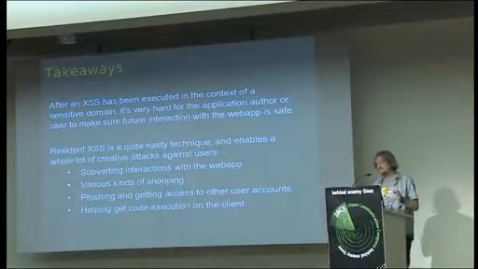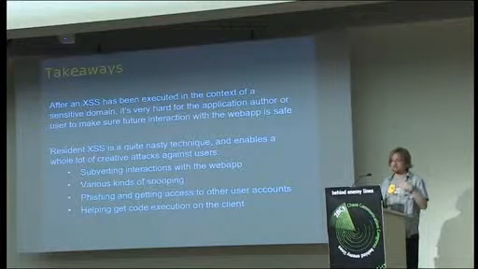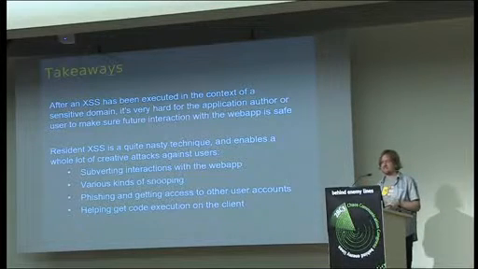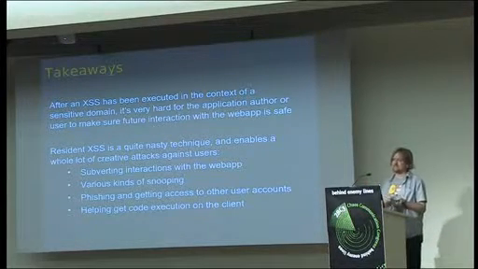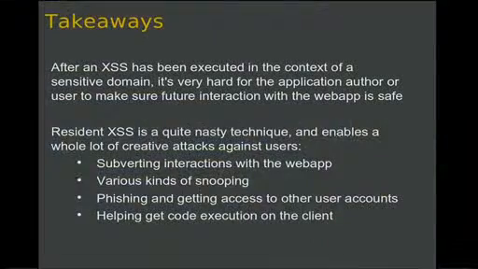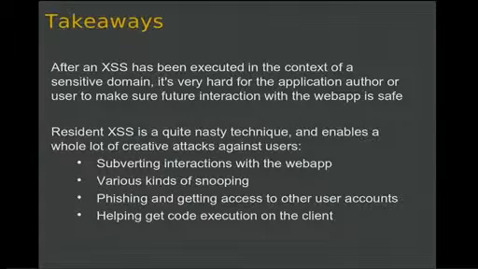And the second thing is something that we haven't seen yet, and I would be very happy if we didn't see it at all. But the attacks that are enabled by the resident cross-site scripting class of bugs are quite nasty because of all the assumptions that they violate in users' minds. You just don't realize that the application you're using might do all the things to harm you: snooping on you, phishing you, and just acting against your interest.